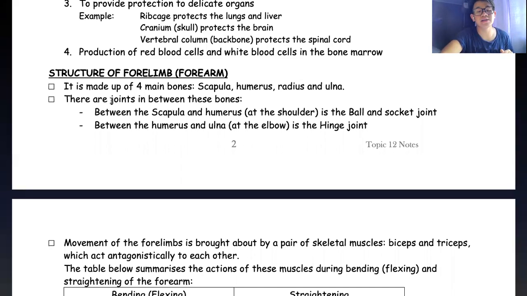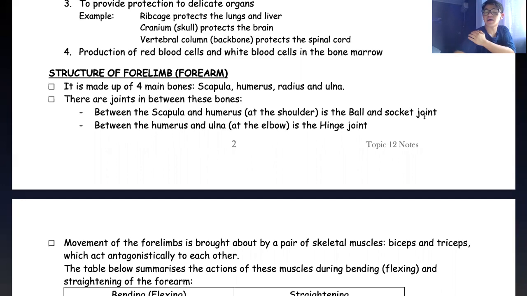So these are the four main bones, and there are different types of joints between these bones. There are two important joints that you should know. Number one, between the scapula and the humerus at the shoulder is what we call the ball and socket joint.